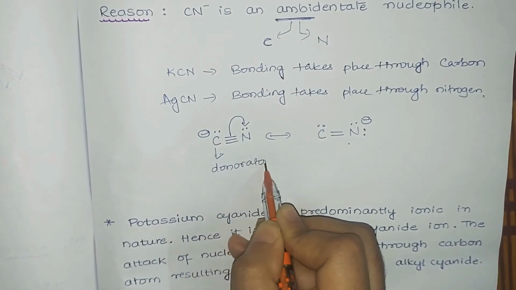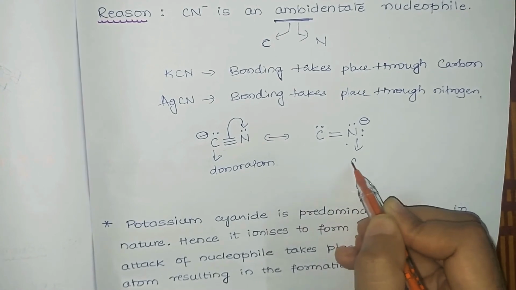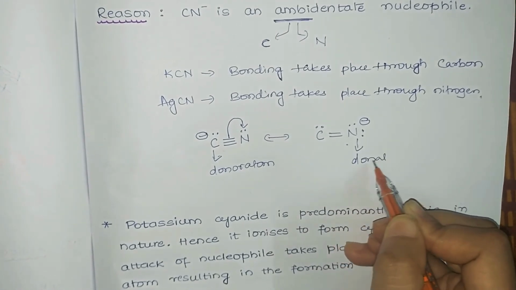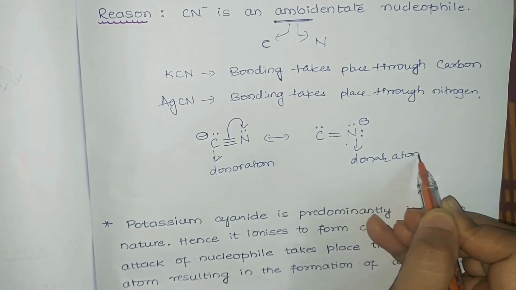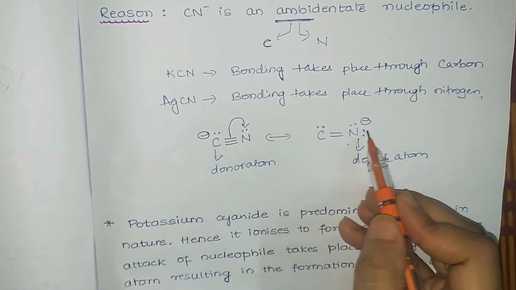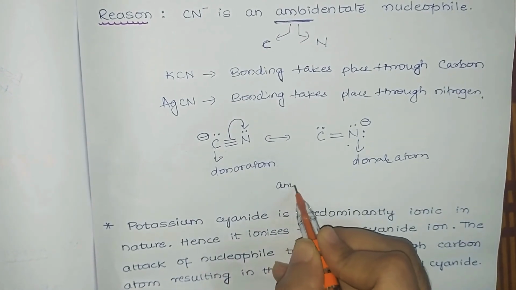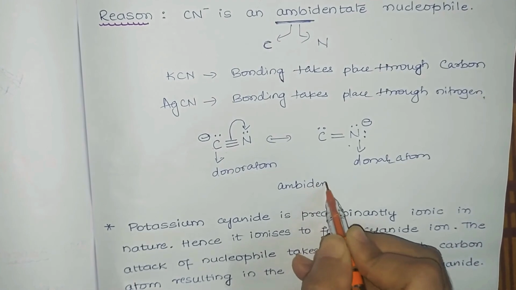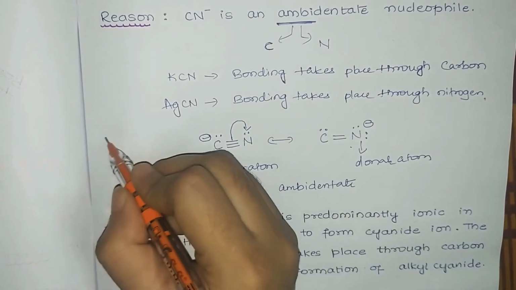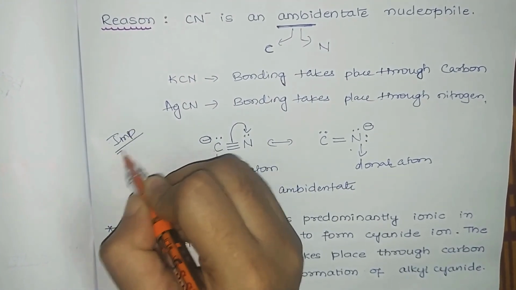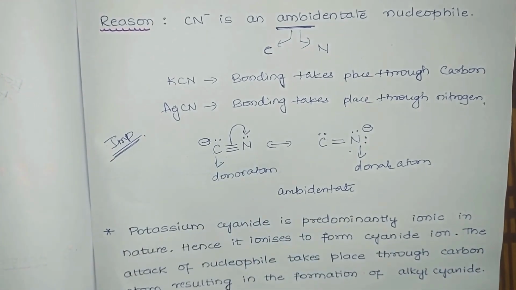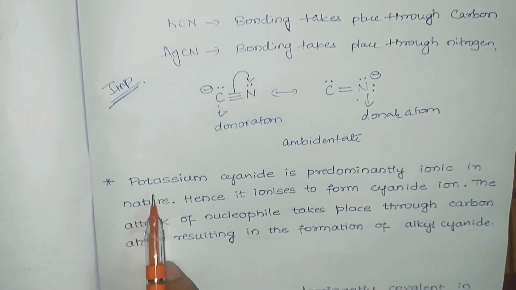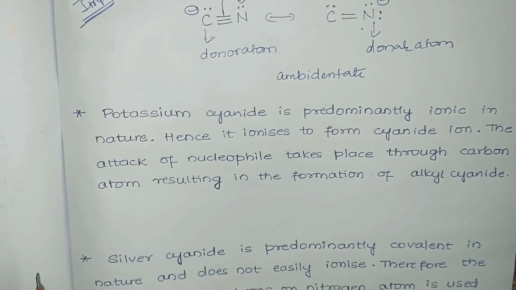So what is the conclusion we can draw from this? In the first resonance structure, carbon is negatively charged, so carbon acts as a donor atom. Whereas in the second resonance structure, nitrogen is negatively charged, hence nitrogen acts as a donor atom. Let us consider the reasons now. These are asked in the exam as 1 mark reasoning questions.